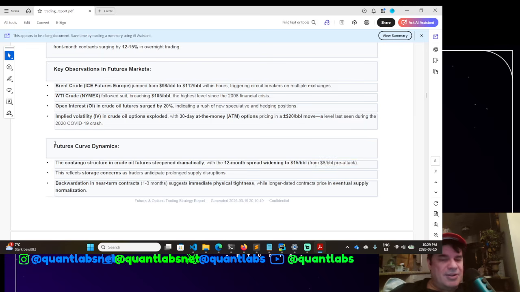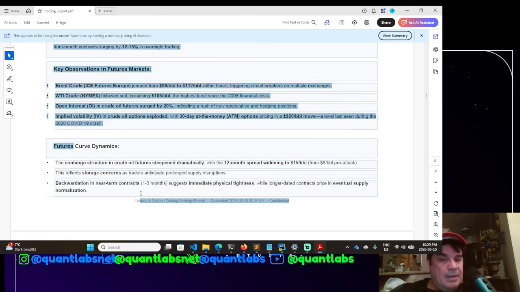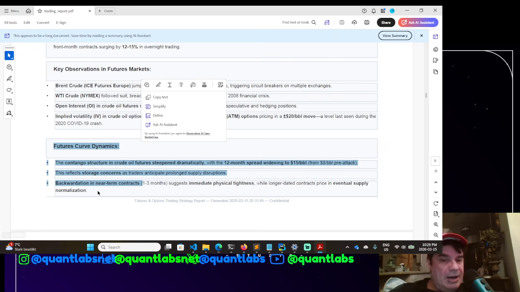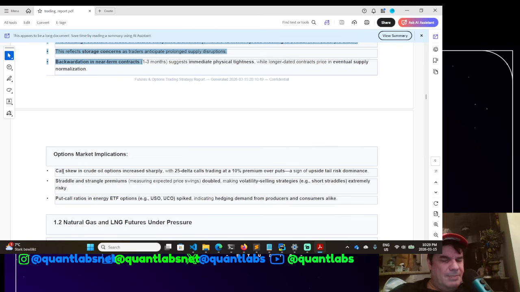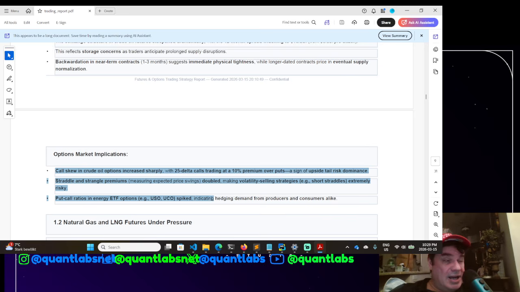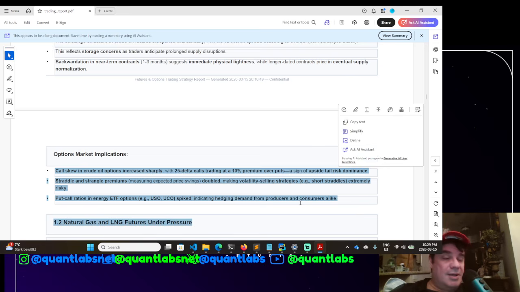Okay. So here's some different scenarios that you may get. Backwardation in near-term contracts, storage concerns, structure, on and on it goes. The option market. Again, these are things that you may not consider, but believe me, the options traders have this information that is kind of public, but it's the dumb money, the retail trader, that will be on the other side of it, and then they get the news through the mainstream.